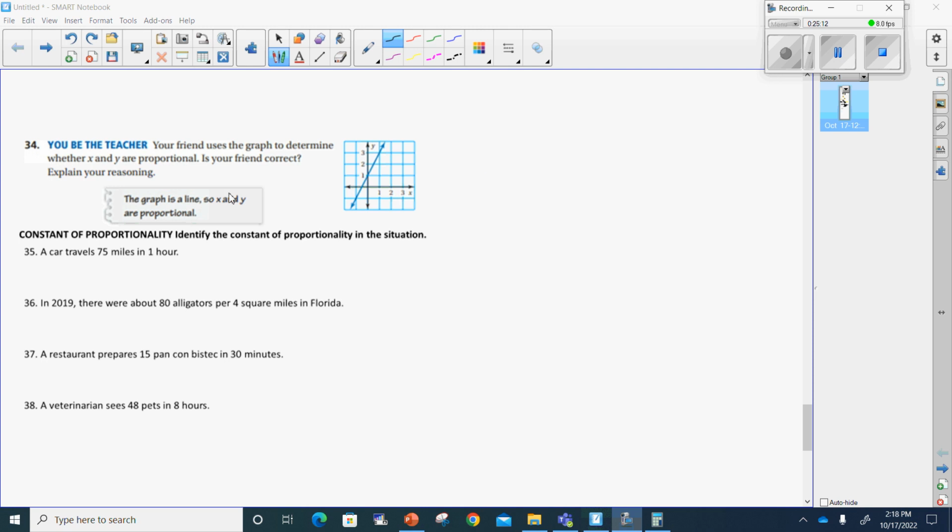All right, so now we're on to number 35. A car travels 75 miles in 1 hour. Identify the constant of proportionality. The constant is 75 in the situation, 75 over 1, right? So K is 75.